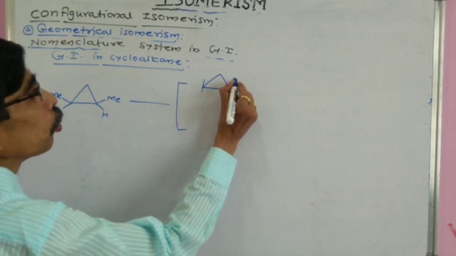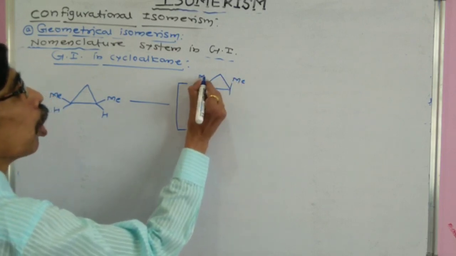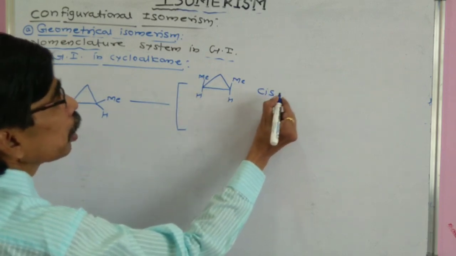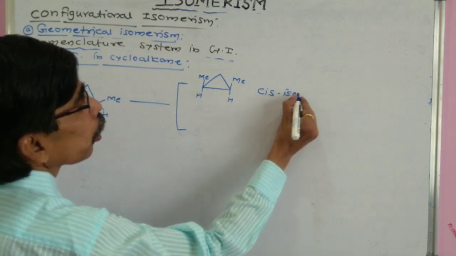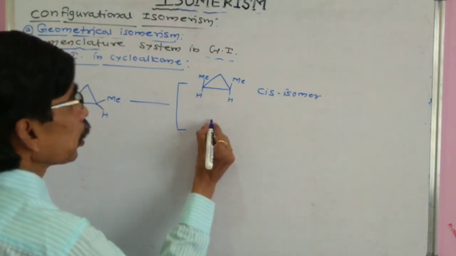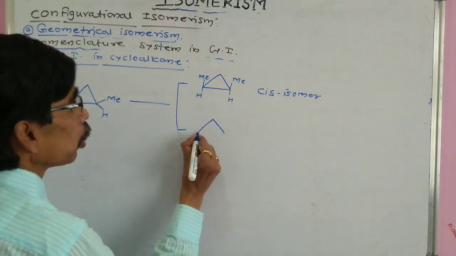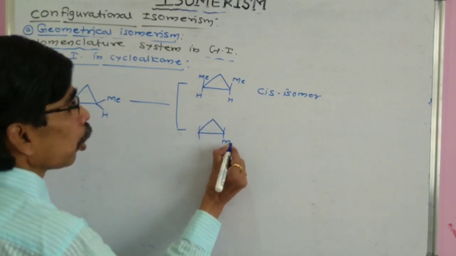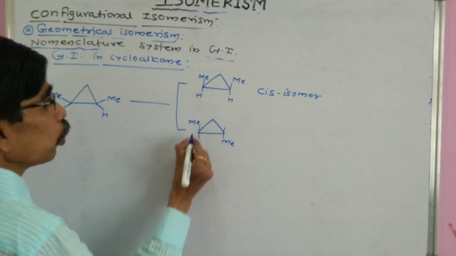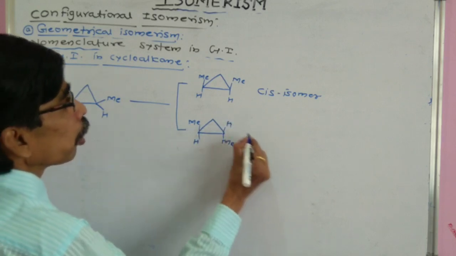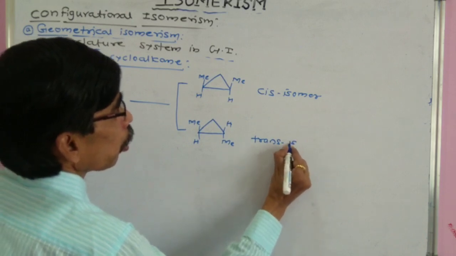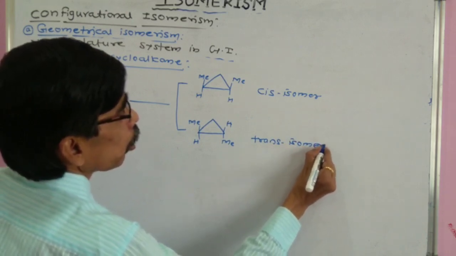If both methyl groups are on the same side, then it is considered to be the cis isomer. And if these two methyl groups are on the opposite side, then it is a trans isomer.